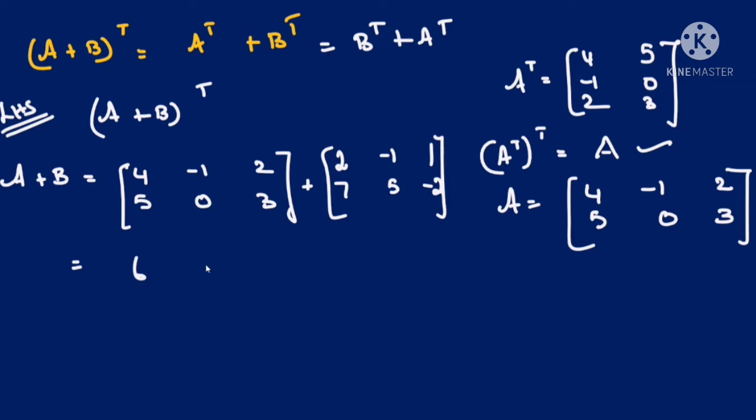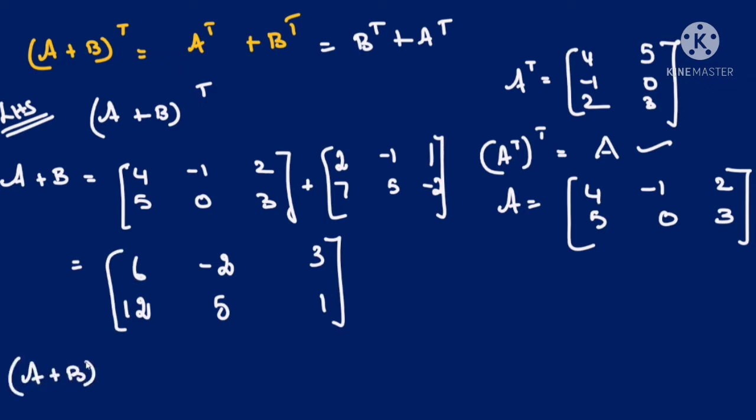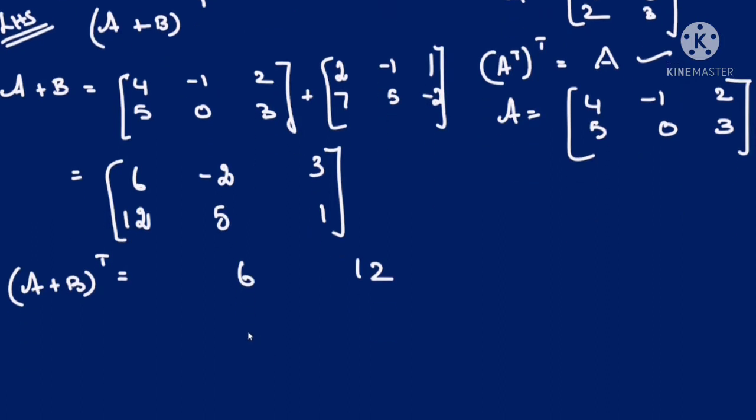Minus 1, minus 1, minus 2. 2 plus 1, 3. 5 plus 7, 12. 0 plus 5, 5. 3 minus 2, 1. So this is your A plus B. Now find the transpose of this. The first column will become the first row, the second column the second row, the third column the third row. So this is (A + B) transpose.